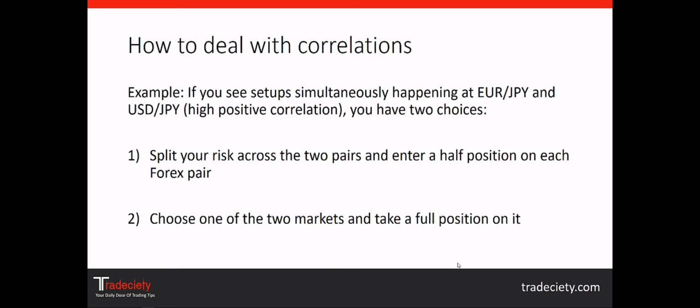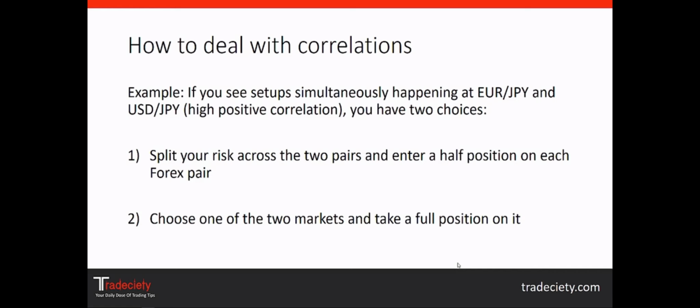So if your normal position size is 1% on a trade, then you don't just take 1% on the Euro Japanese yen and 1% on the US dollar Japanese yen, but you cut your position in half on each one of them. So you only enter 0.5% on the Euro Japanese yen and 0.5% on the US dollar Japanese yen. And so you can split your risk and reduce the overall risk.